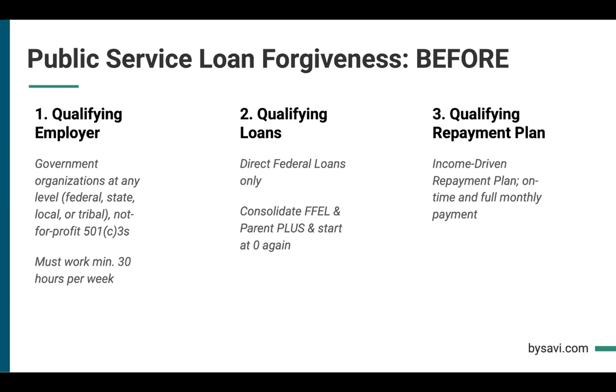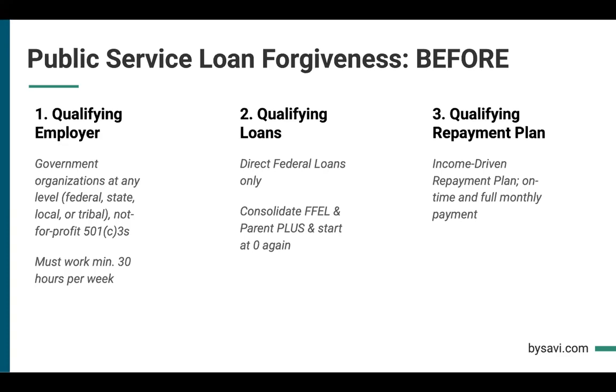All right. So again, you don't need to make 120 qualifying payments in a row, or if you miss a payment here or there, that's okay. You just need to get to 120 total. However, the one thing about these 120 qualifying payments is that you can only receive one qualifying payment credit per one calendar month per one payment, meaning you can't double up on payments in a month and get 2 credits.